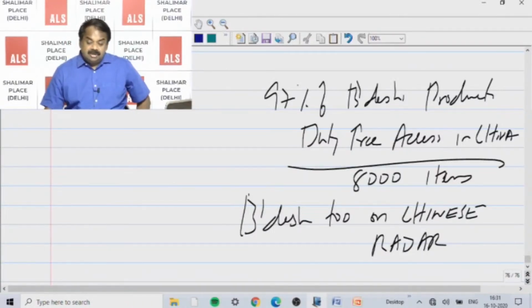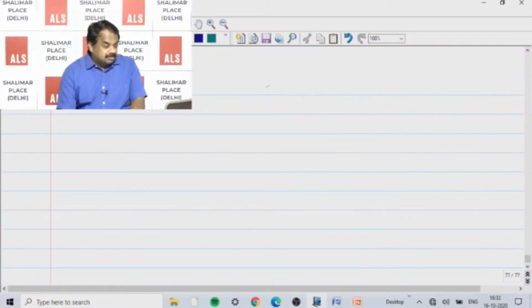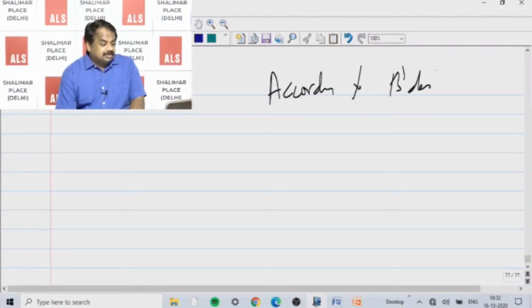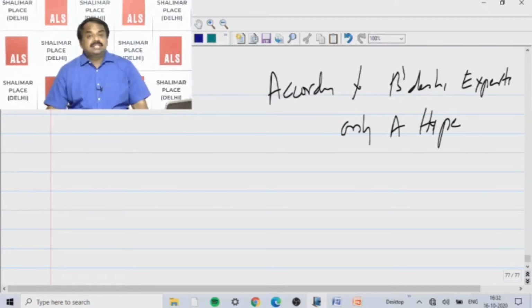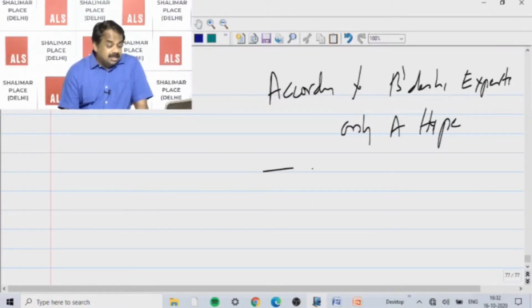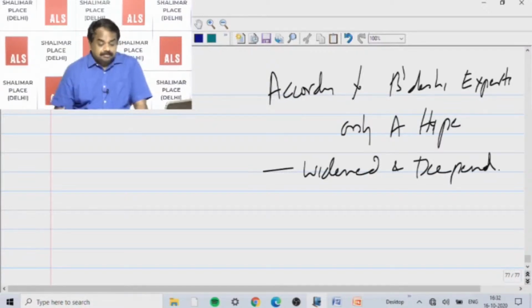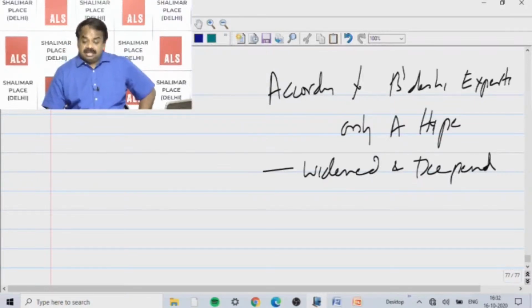So, according to Bangladeshi experts, this is only hype. Nothing is changing. And the relationship between India and Bangladesh has widened and deepened, and it has multiple dimensions.